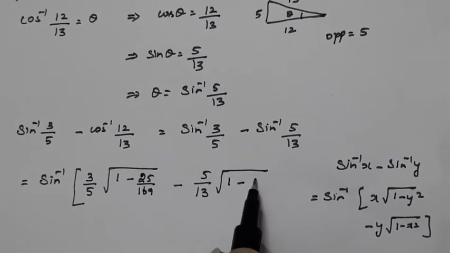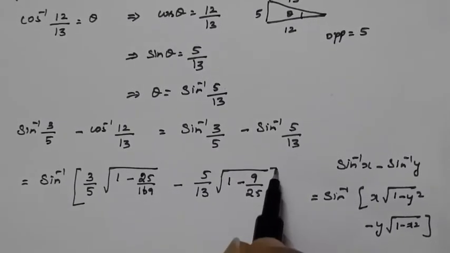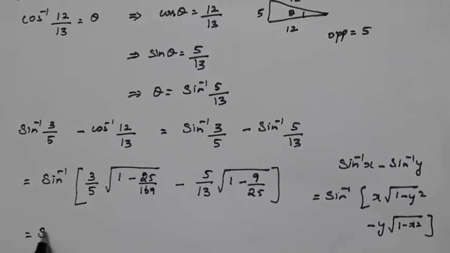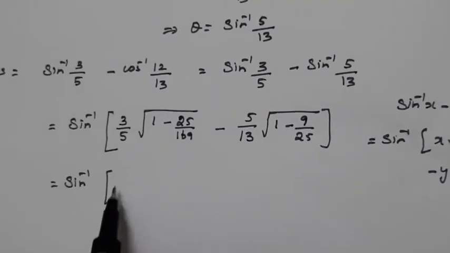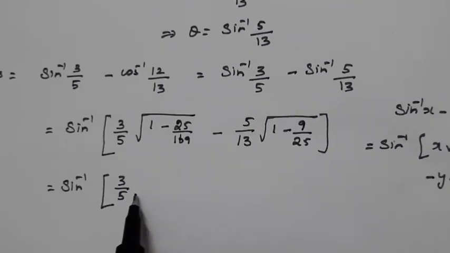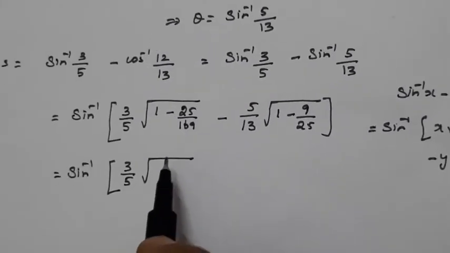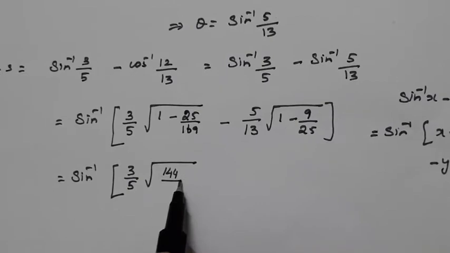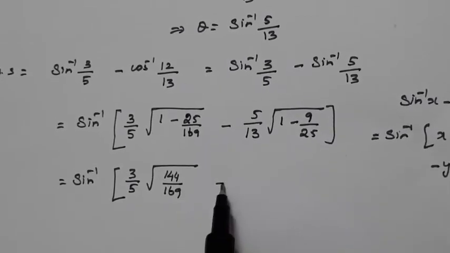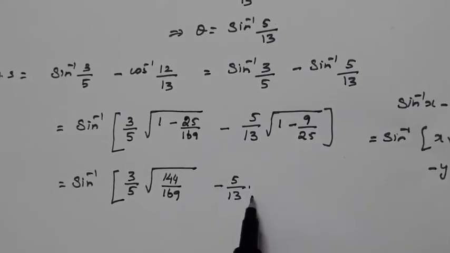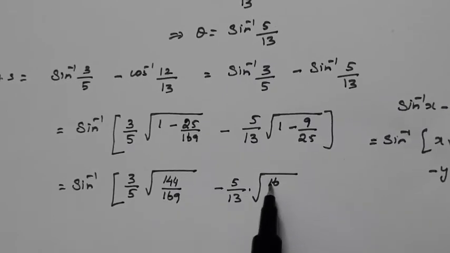X is 3 by 5, so its square will be 9 by 25. Okay, that is equal to sin inverse of 3 by 5 into root of 169 minus 25 is 144, so 144 by 169, minus 5 by 13 into root of 25 minus 9 is 16, 16 by 25.